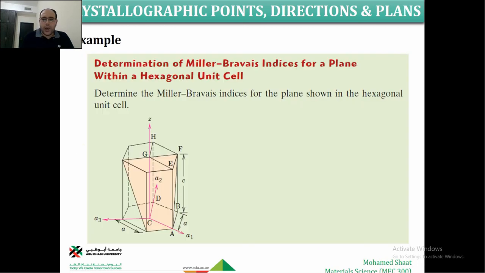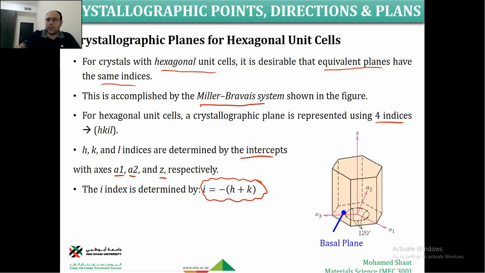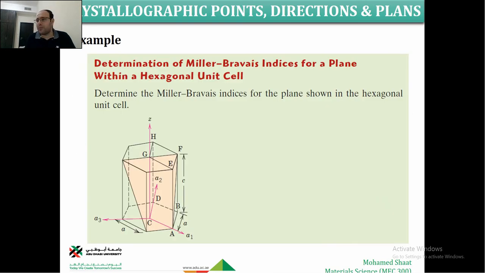Make sense? So let us consider this example of a crystallographic plane and apply the same procedure. The same steps that we explained before for the other crystal systems still apply. But the new thing is that instead of intersecting with the conventional x, y, z, we are going to find the intercepts with A1, A2, A3, and z, and we will use four indices. But still, steps 0, 1, 2, 3, and 4 that we explained before are applicable.